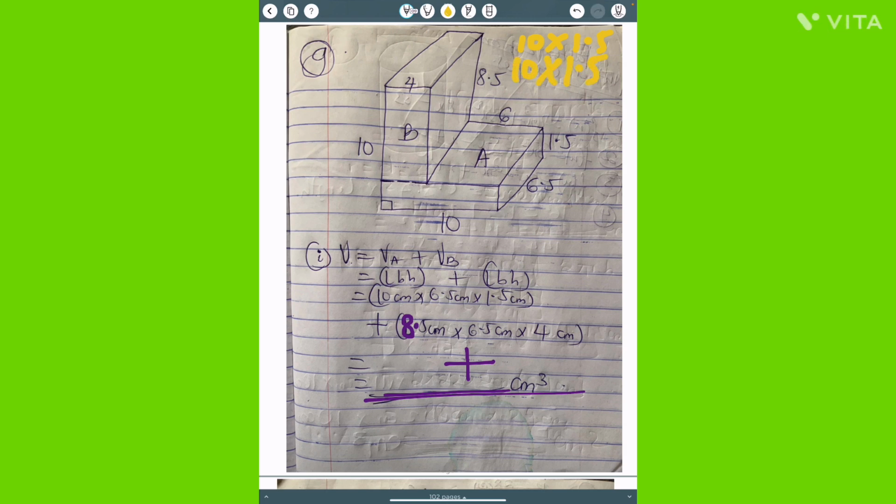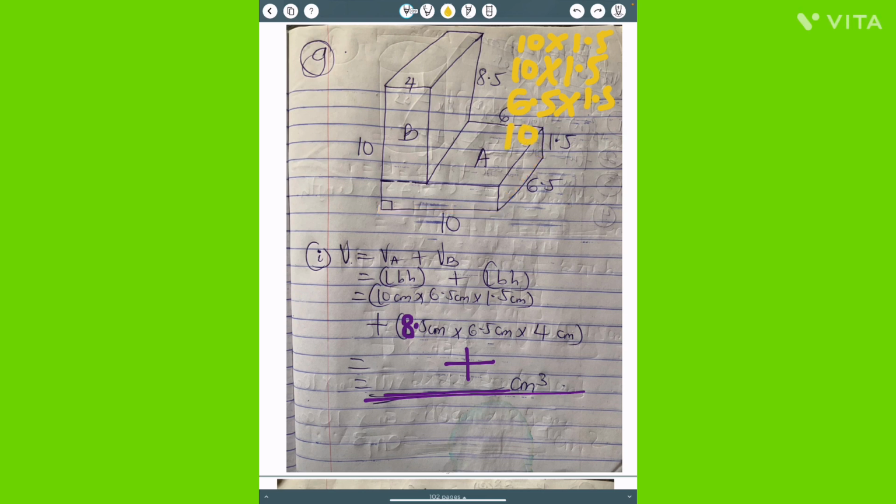Then this face is 6.5 times 1.5. Keep that too. Then keep the base on which the solid is sitting. The solid is sitting on a base that has 10 by 6.5.